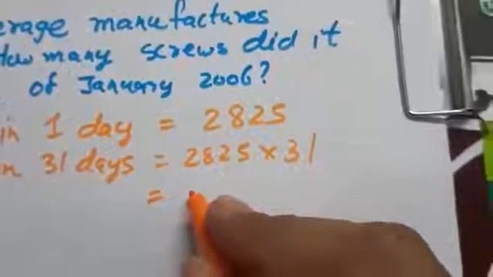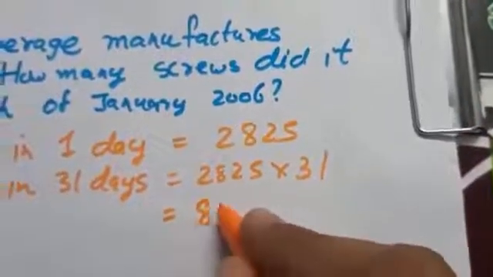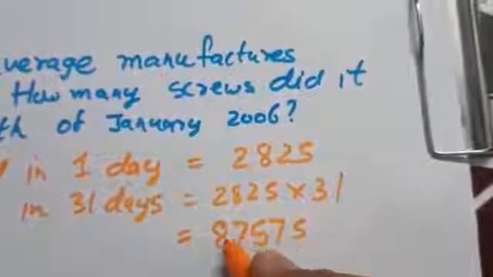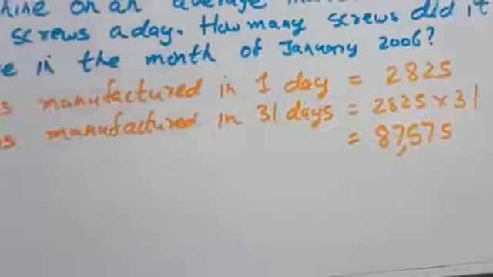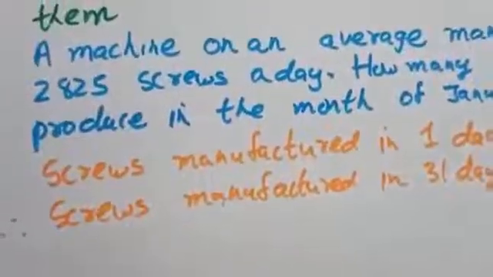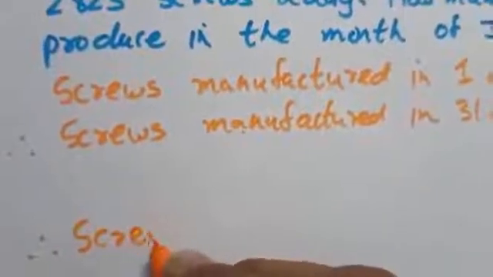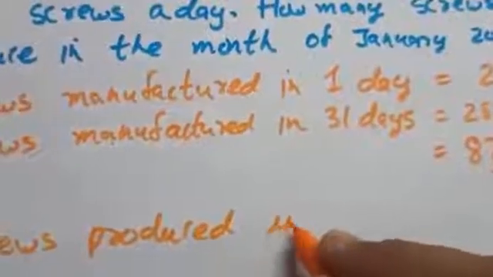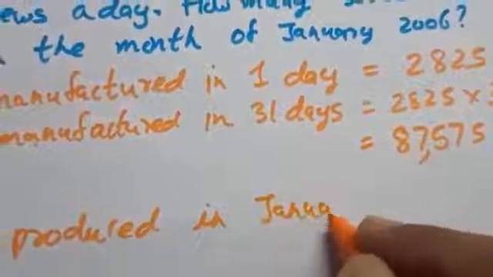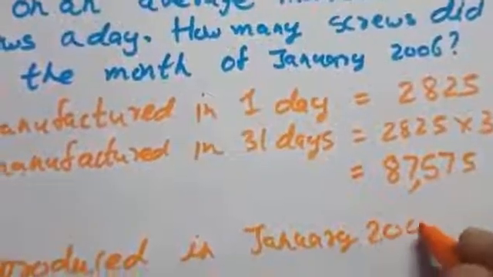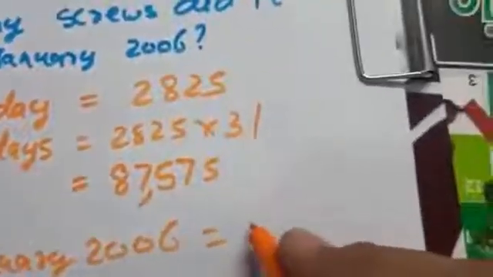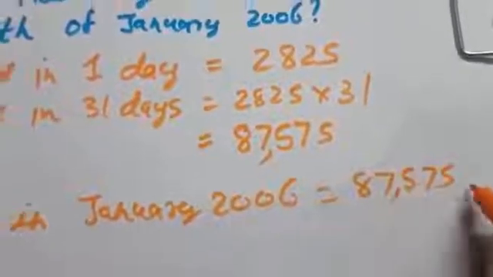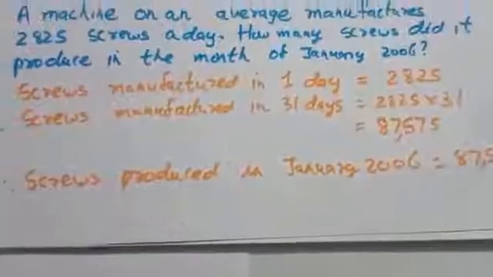When you multiply both of these, the answer you will get is 87575. Ones, tens, hundreds, thousands, ten thousands: 87,575. Therefore, screws produced in January 2006 equals 87575. Okay, this is how you get the answer.